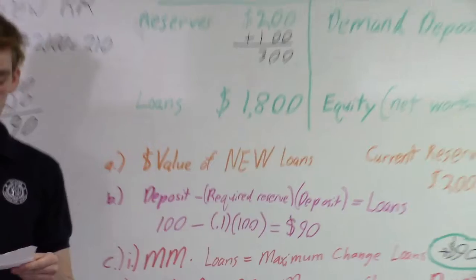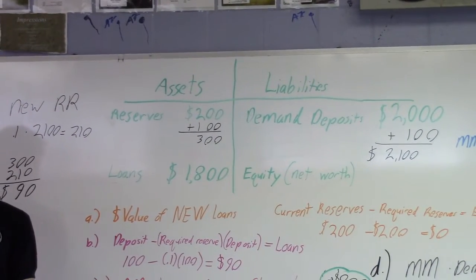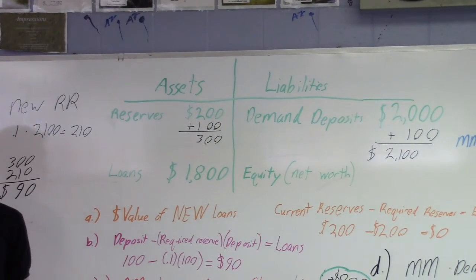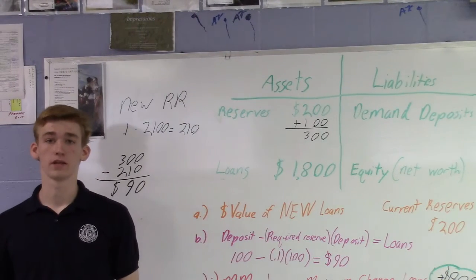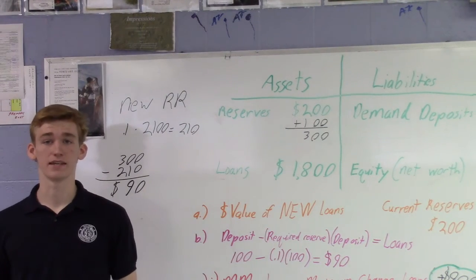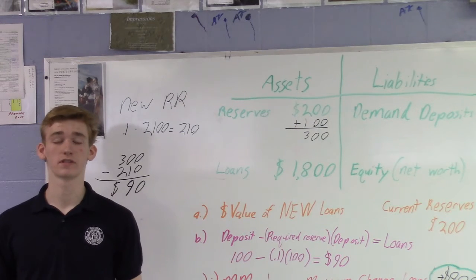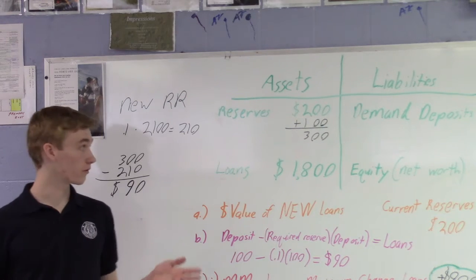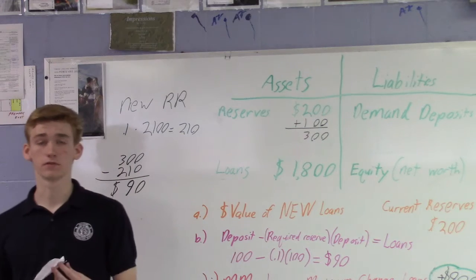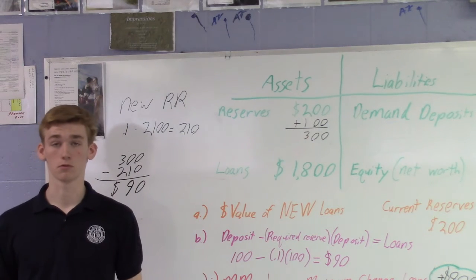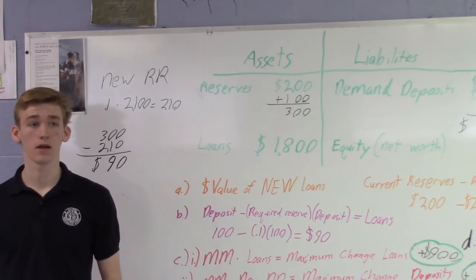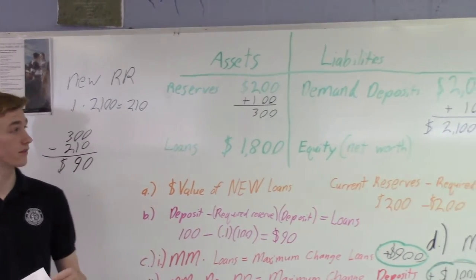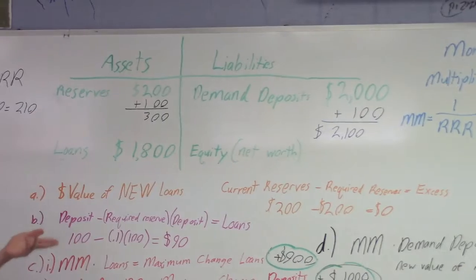in the question. Now to calculate the dollar value of new loans that First Superior can make, you need to first find the excess reserves. The excess reserves is the difference between the required reserves and the current reserve of $200. To calculate the required reserve, you take the required reserve ratio, which is 10%, and use that on the $2,000 of demand deposits.